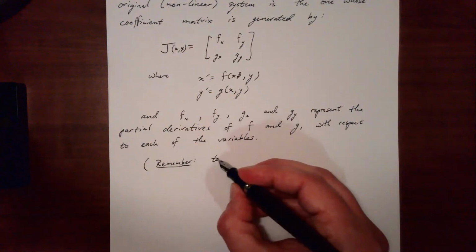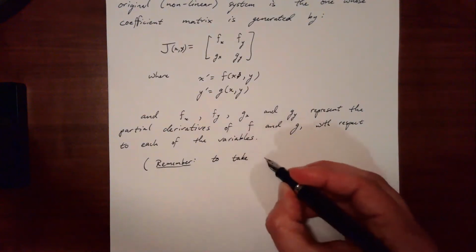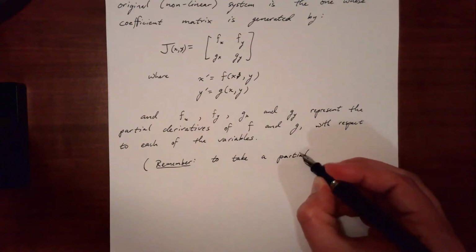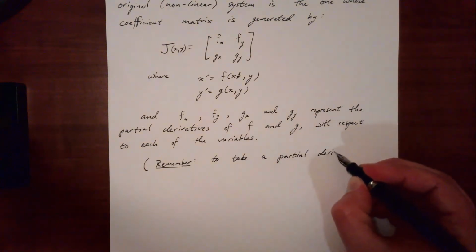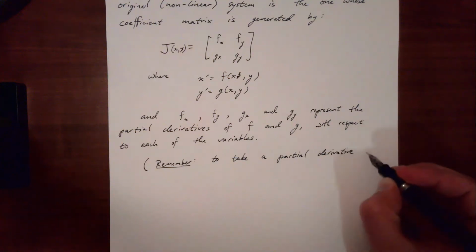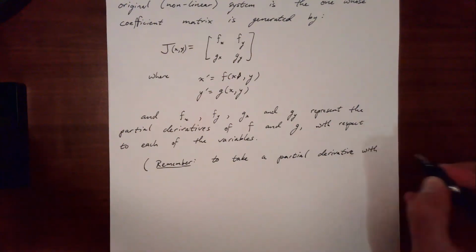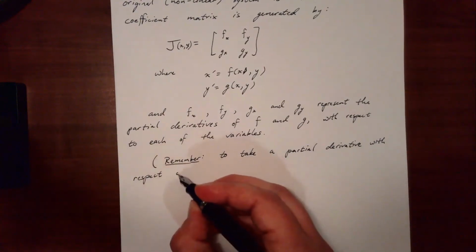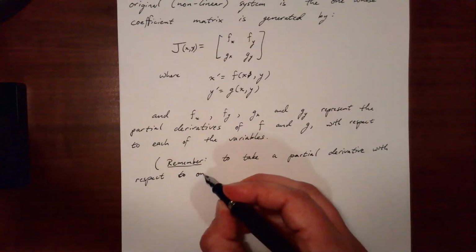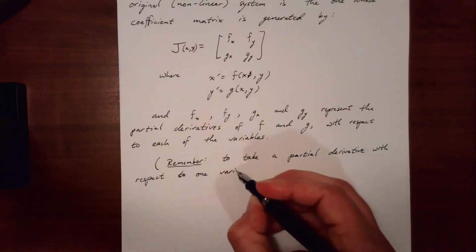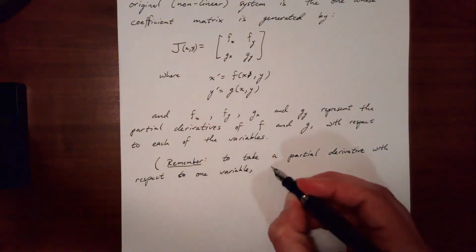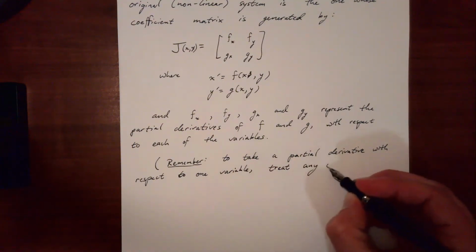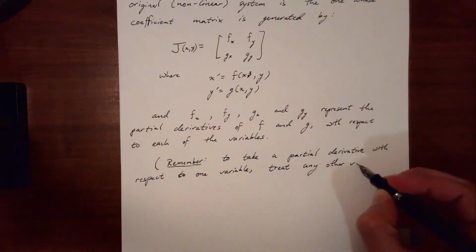To take a partial derivative with respect to one variable, treat any other variables as constants.